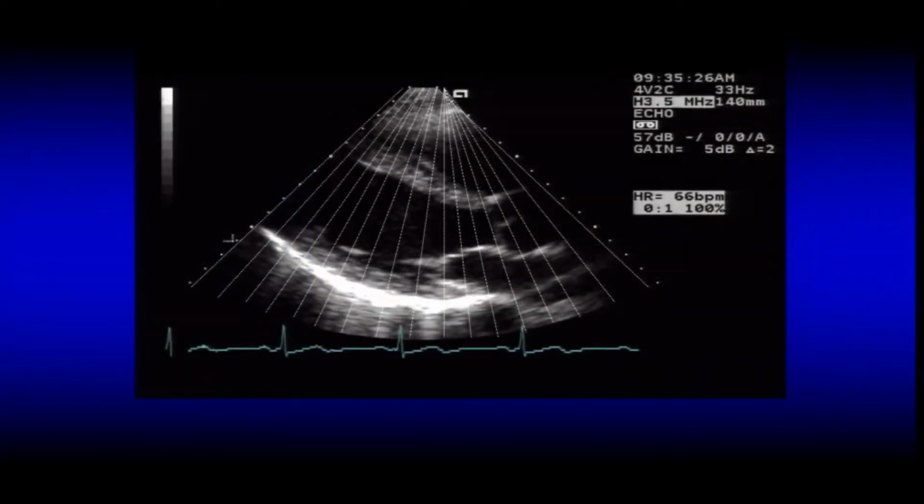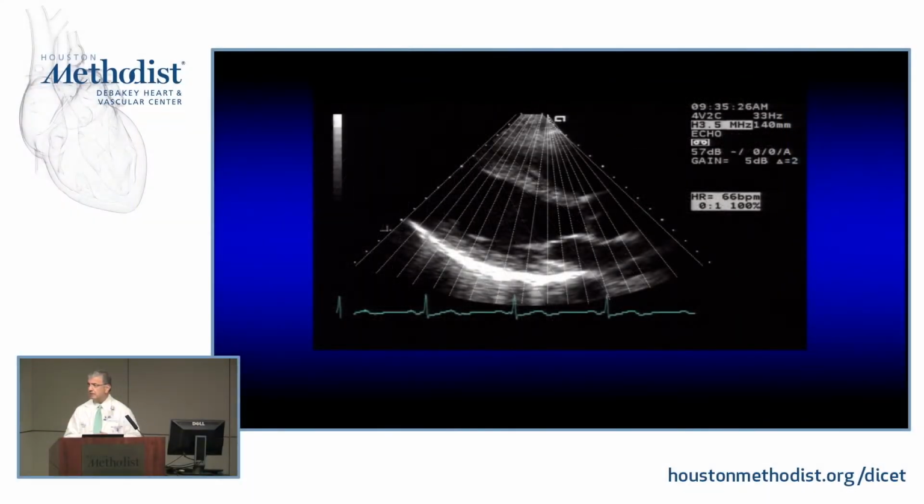Okay? So if I look then at my 2D, this is what my 2D is: a bunch of scan lines, and you can have almost 160 of these scan lines within your 90-degree sector. You could say to yourself, why do I have a 90-degree sector? Well, we want to look between the ribs. You have other transducers that are linear transducers that are just sending ultrasound in a parallel fashion as opposed to a scanning fashion, and that's great for carotids, for abdomen, other things where you don't have issues with ribs that you have to go between to be able to see it.